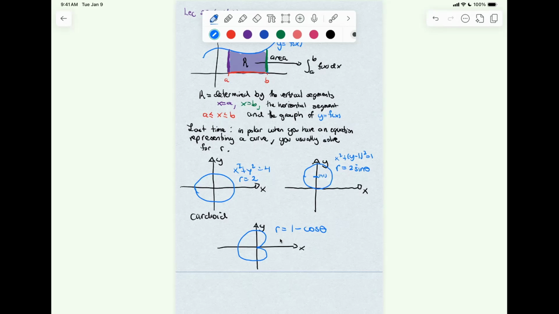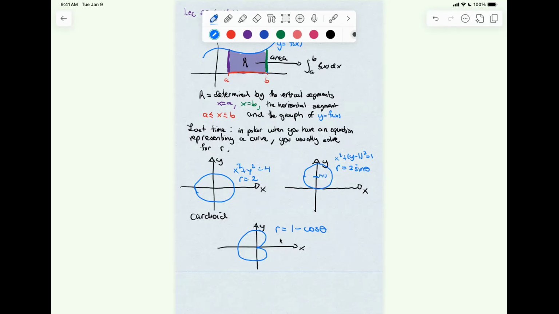My only point for illustrating all these different possibilities is that in polar, typically when you have a curve, you give r in terms of theta. That's how you should think about most of the equations in polar coordinates. That's a good rule of thumb. Of course, you could solve for theta here, there's nothing against that, but then you have to take arccosine, and why would you want to do that to yourself?